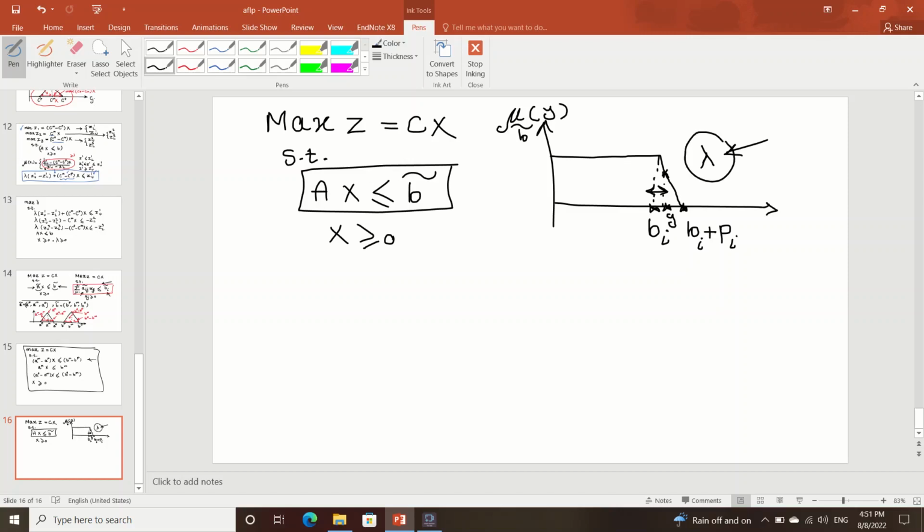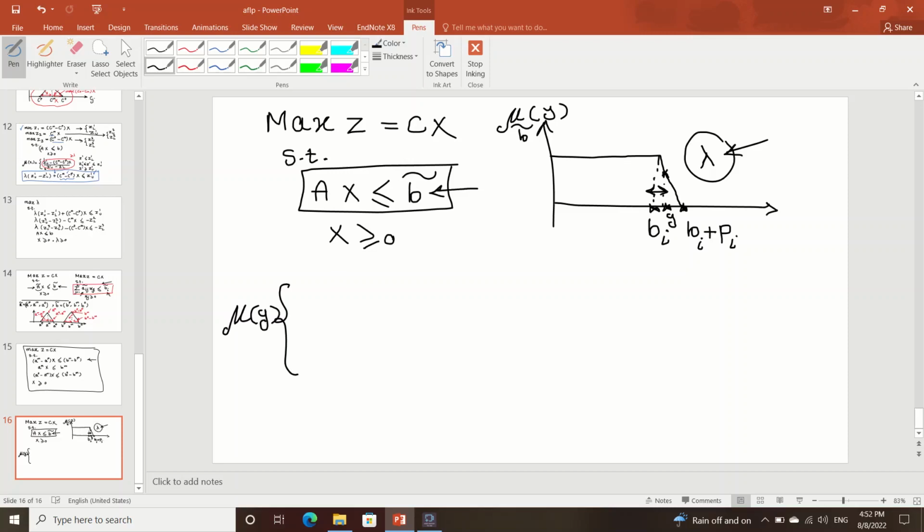This structure is similar to the structure of the fuzzy membership function, fuzzy objective function, and fuzzy coefficient of the objective function, as you remember. Okay, in this state we can determine the membership function for right hand side numbers.